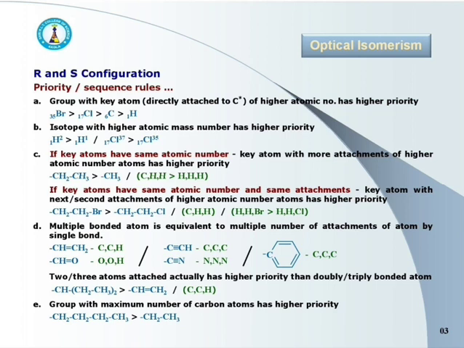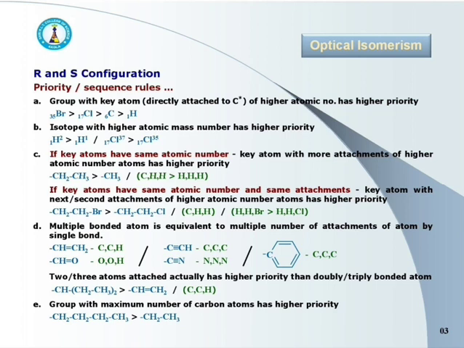Now according to atomic numbers, Br has first priority, chlorine has second, carbon has third and hydrogen has fourth or last priority, or we can say the lowest priority.